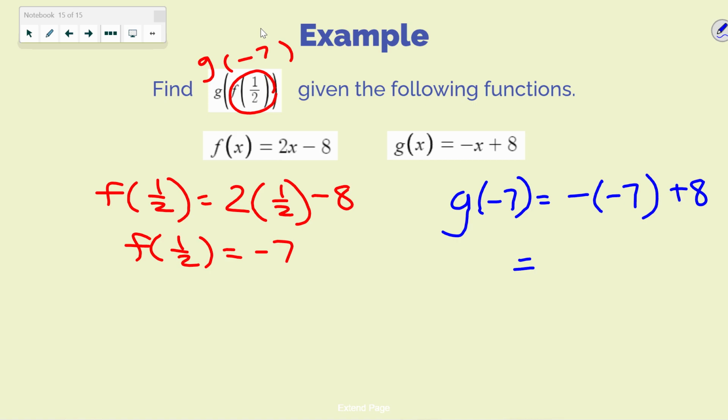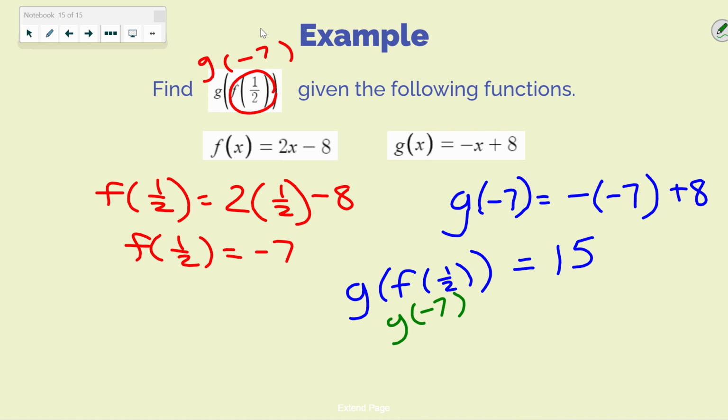And that simplifies too. There we go. So all together, g of f of 1/2 is equivalent to 15. And if you're a little lazy like me, you might think, f of 1/2 was negative 7, so then it's really just g of negative 7.